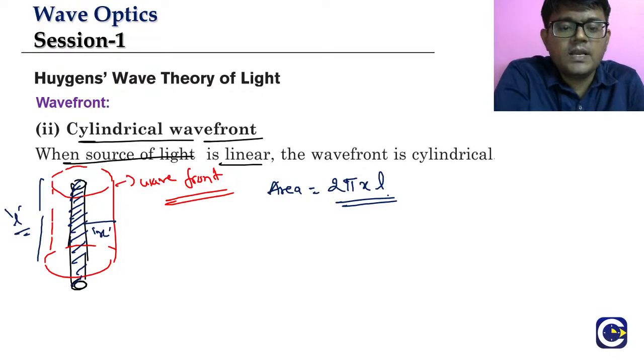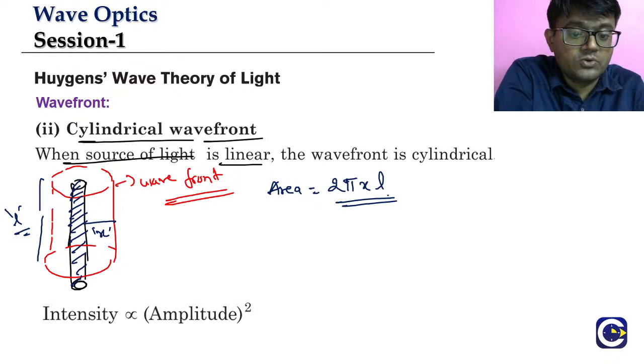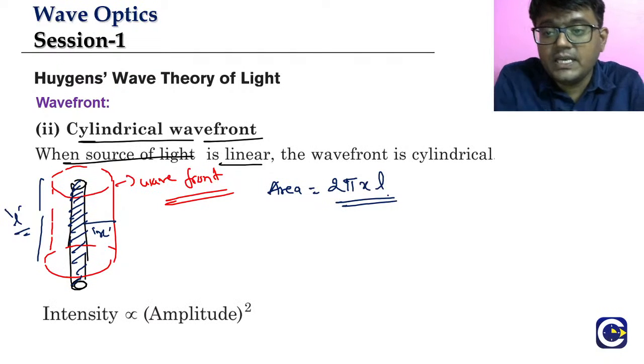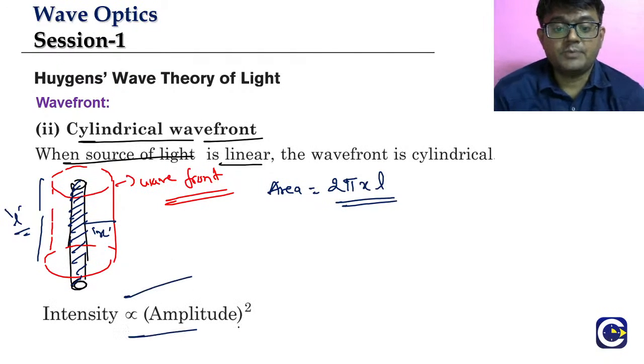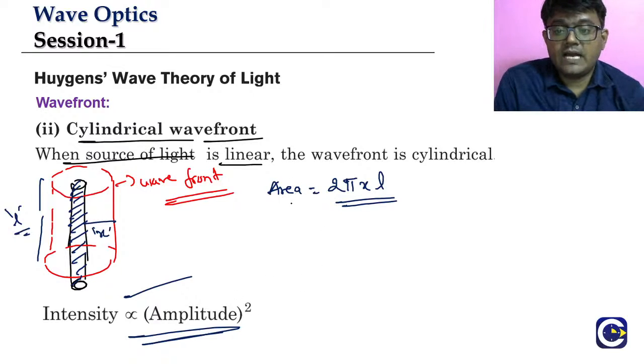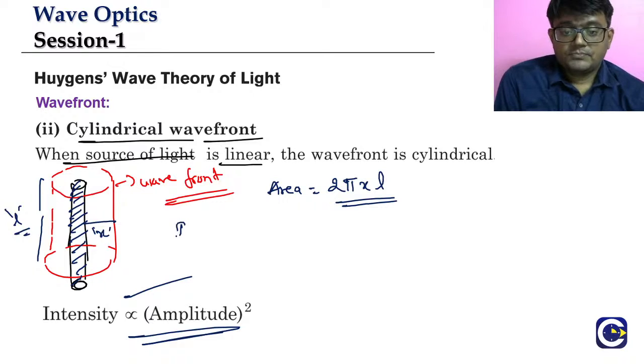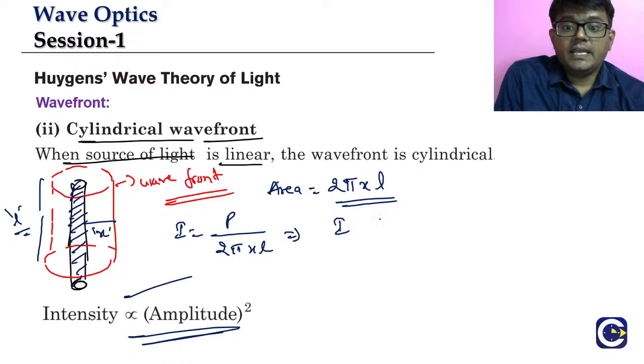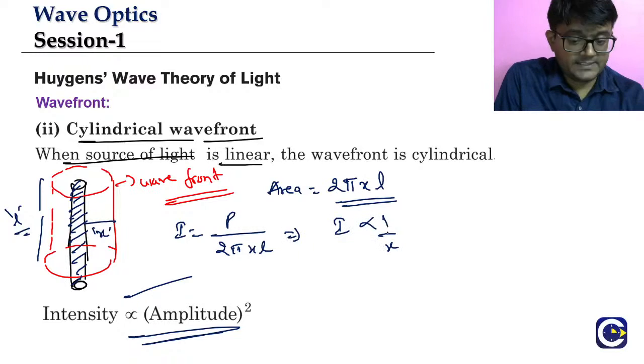Now the relation between intensity and amplitude is always the same: intensity is proportional to the square of the amplitude. Intensity is power by area, which is power by 2 pi xL, which means intensity is proportional to 1 by x.